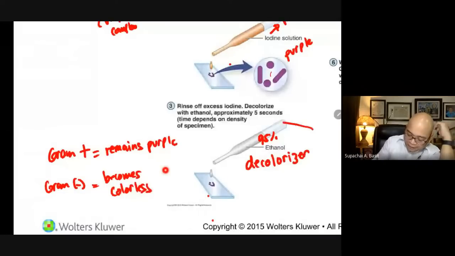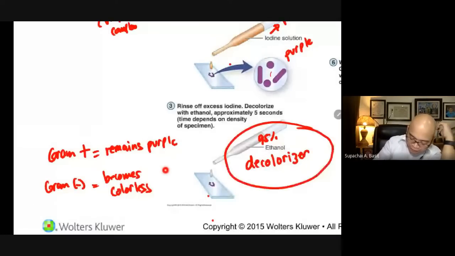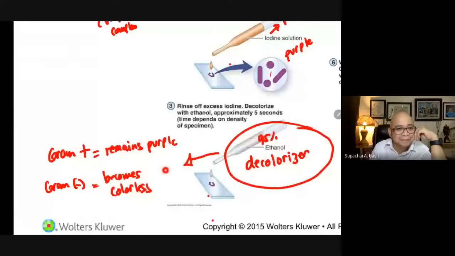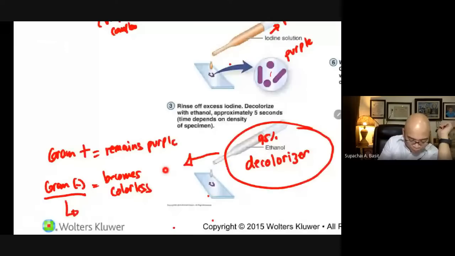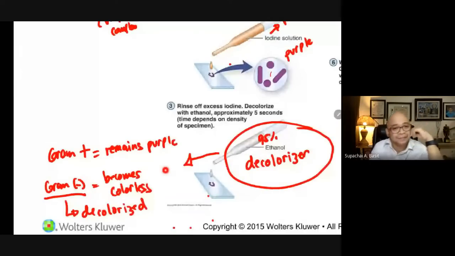So upon adding the 95% decolorizer, this is what will happen. Why do you think gram-negative bacteria become colorless? Because they were decolorized, hence they become colorless.